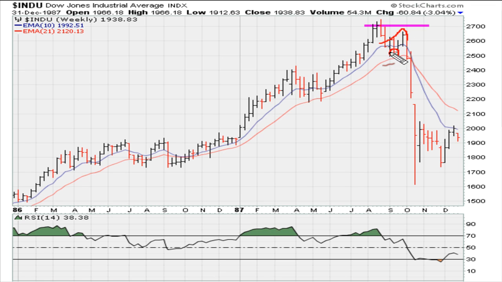So this weekly closing low could have been your sign that something was different in the market. The market tries to attack this 2,700 level and then breaks. Once it breaks here, something is not right, because this was the lowest weekly close.